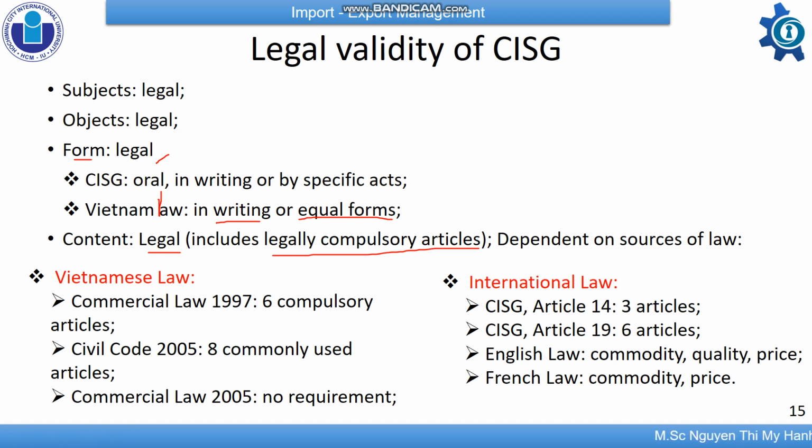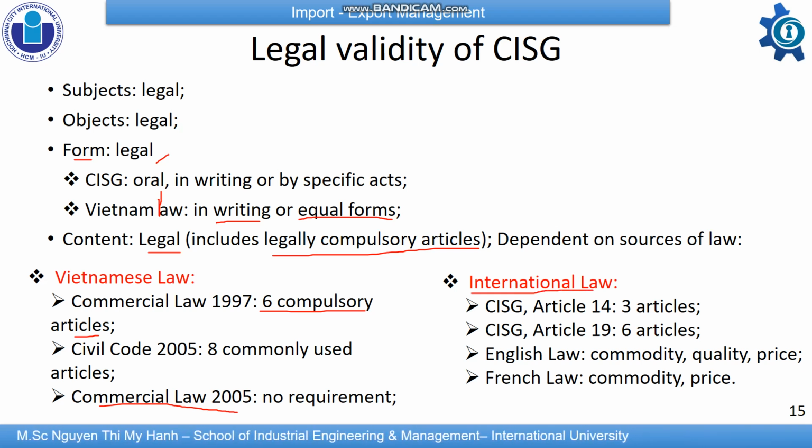For example, if we use Vietnamese law, the Commercial Law 1997, we need to have 6 compulsory articles. If we follow the Civil Code 2005, we need to have 8 commonly used articles. If we use the Commercial Law 2005, there is no requirement about compulsory articles. If we use international law, in CISG Article 14, they require us to have 3 compulsory articles.